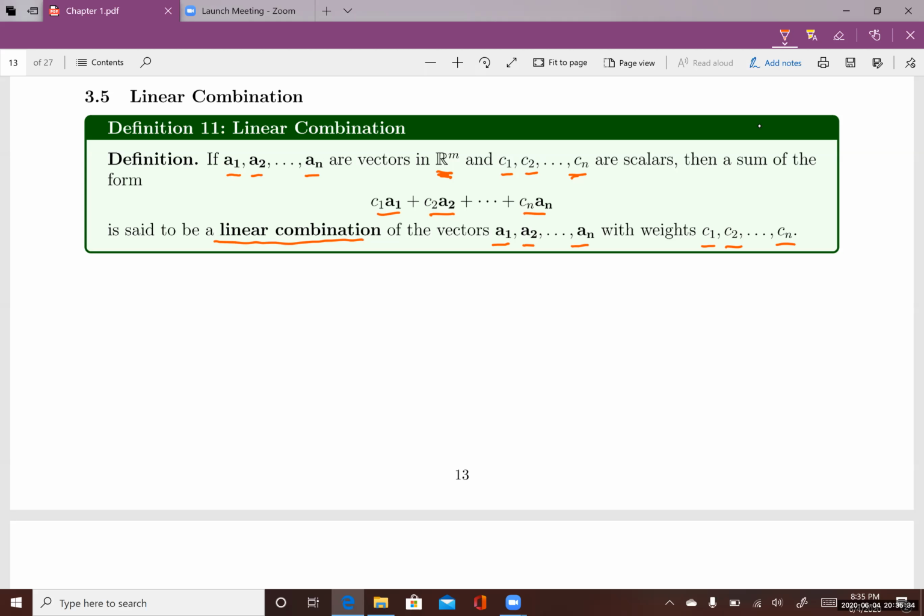Again, A1 to An are column vectors in Rm, right? And C1, C2 to Cn are scalars or just constants.